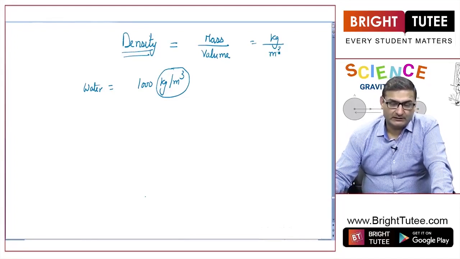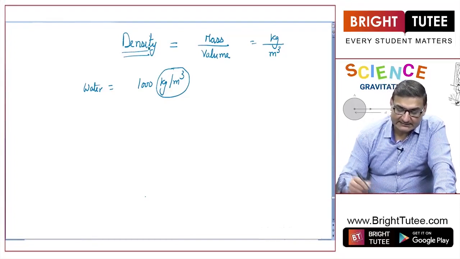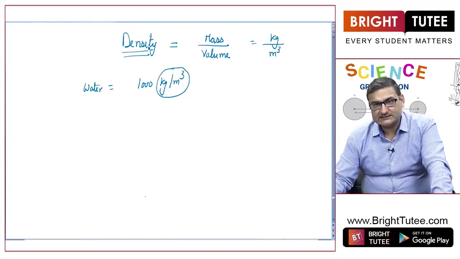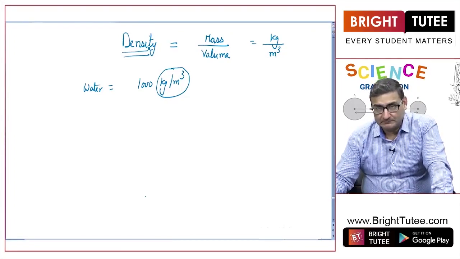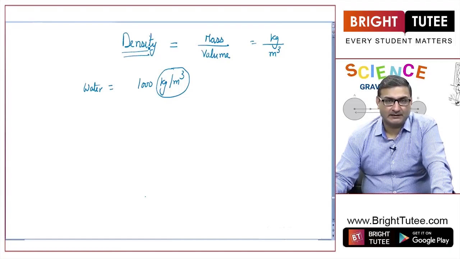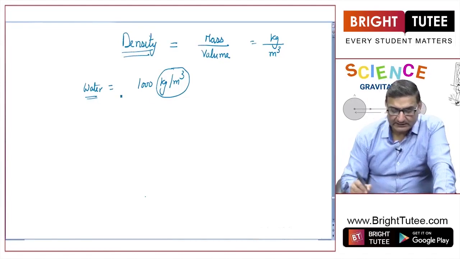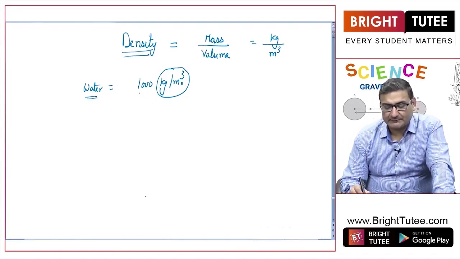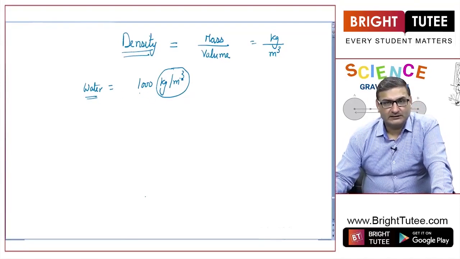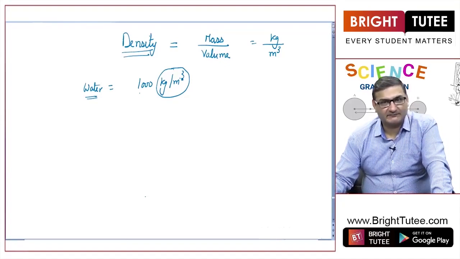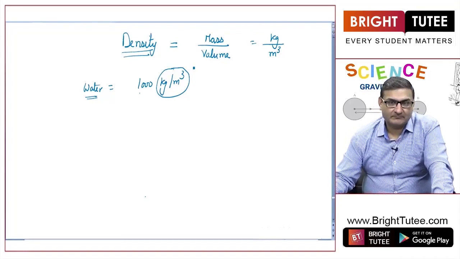So, we can say that the SI unit of density is kilogram per meter cube or kilogram per cubic meter, right? The density of water is 1000 kilogram per meter cube. That means if I take a container of 1 meter by 1 meter by 1 meter, I can put 1000 kilograms of water in it.